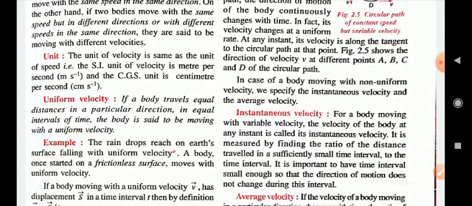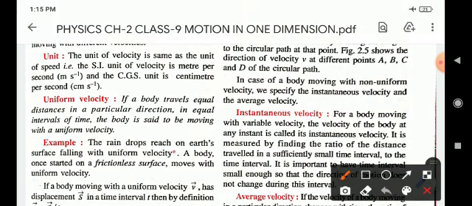It has many types, first uniform velocity. If a body travels equal distance in a particular direction in equal intervals of time, the body is said to be moving with uniform velocity.